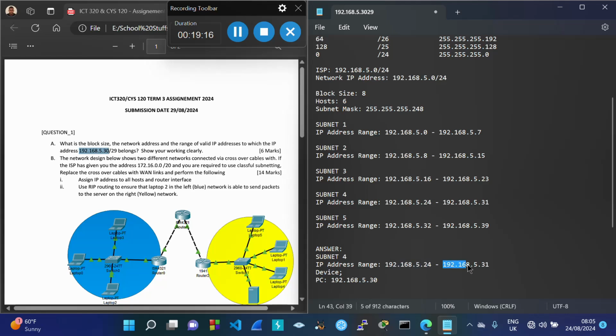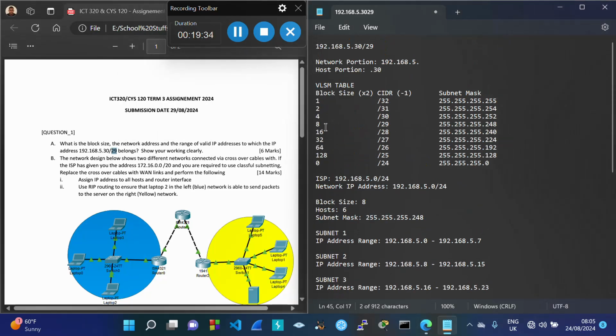Then the broadcast address cannot be assigned to a device. But before we reach .31, we can reach .30, meaning it makes sense having this. So it's a /29 because we were using the block size of 8 to come up with those particular subnets, as you can see. So it's a /29.